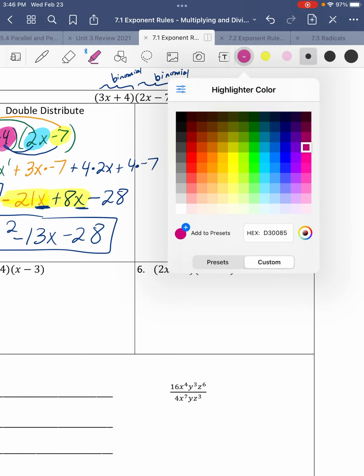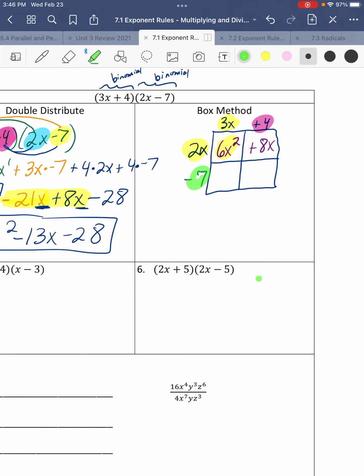We have a negative 7 times 3x ends up being negative 21x. And in the end, we have negative 7 times 4 is negative 28.